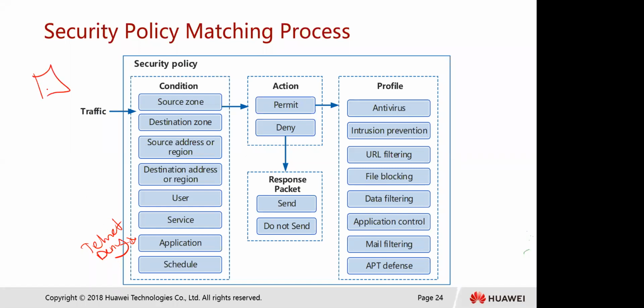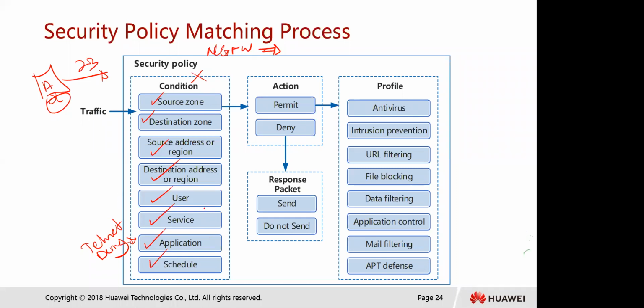And a user tries to access the network through our telnet application and sends in the information. It matches the source zone, the destination zone, the source address or region, the destination address, the user, the service, which is TCP, the application, which is telnet, and the schedule. What is our firewall going to do? Permit? What do you think? Deny. Are you sure it's going to permit?